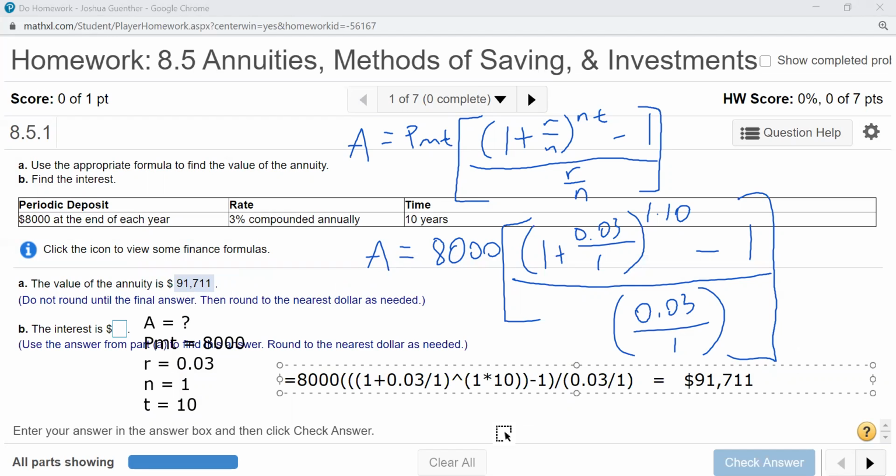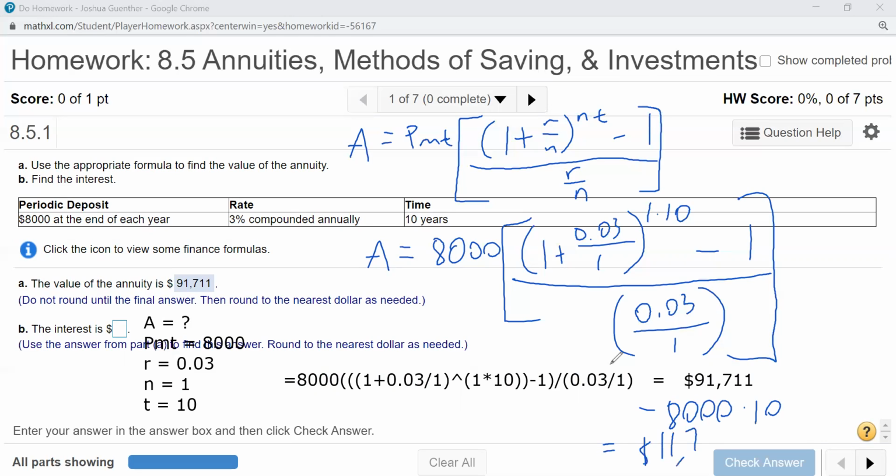Now, the amount of interest we earned, we don't just do 91,711 divided by 8,000. No, think about it. We put away $8,000 per year for 10 years. So we subtract off 8,000 times 10, where we do the 8,000 times 10 first. You're going to end up with $11,711.